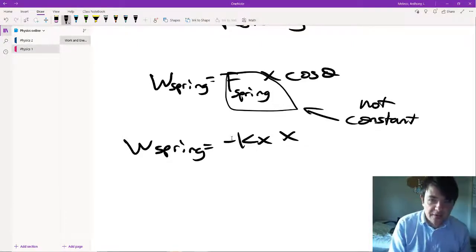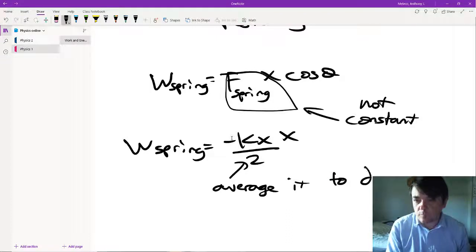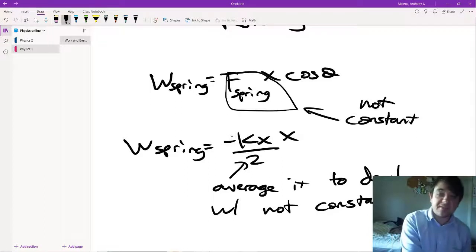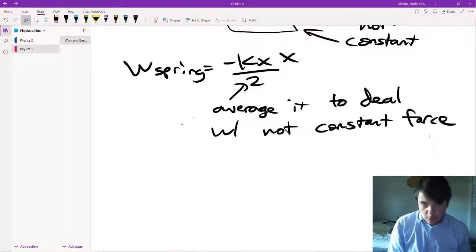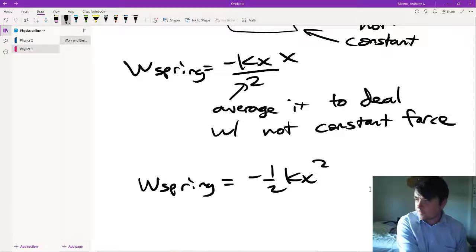And so how we handle that is we divide this by 2, so we average it, because it's not a constant force. And so what we end up getting is minus 1/2 kx squared. That's the work done by the spring.